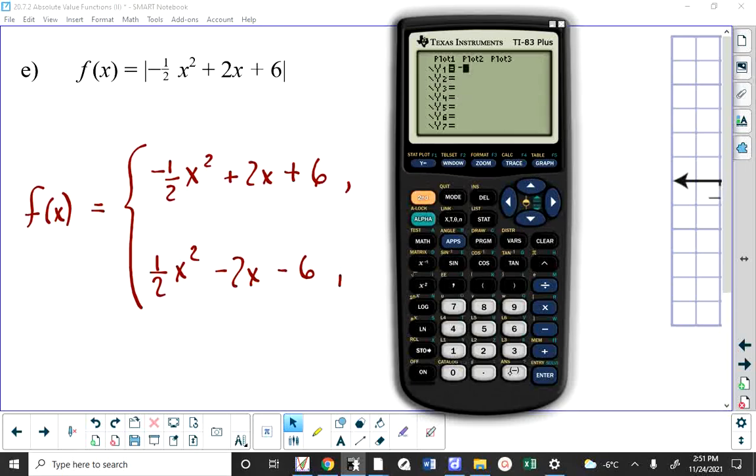So y is equal to -0.5x squared plus 2x plus 6. Zoom 6. Looking like it's crossing at -2 and 6.